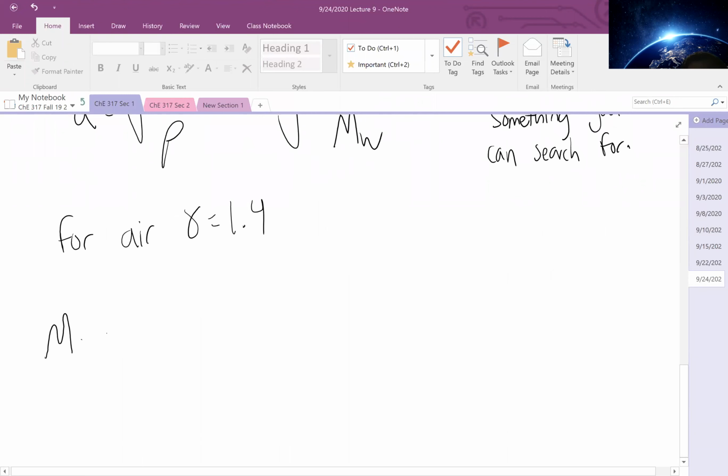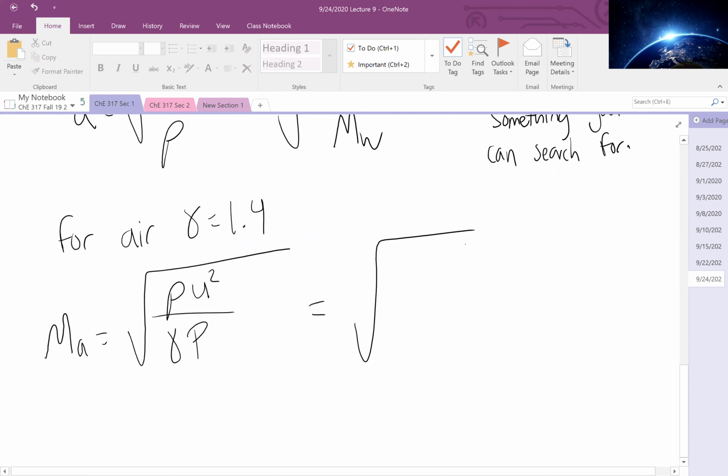And so with that, combining these expressions with Mach number, we can get a solution for the Mach number as the square root of density times velocity squared divided by gamma times pressure, or the square root of velocity squared divided by gamma times temperature times the ideal gas constant over molecular weight.